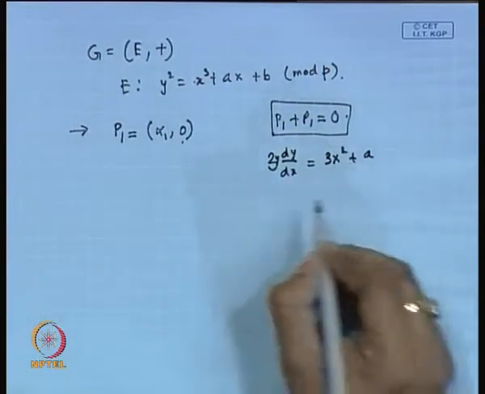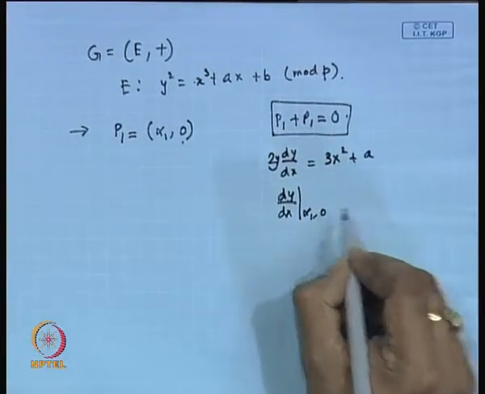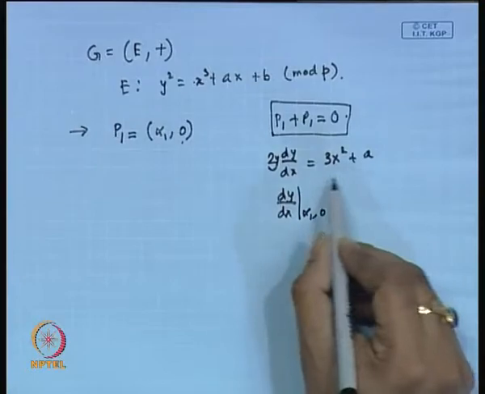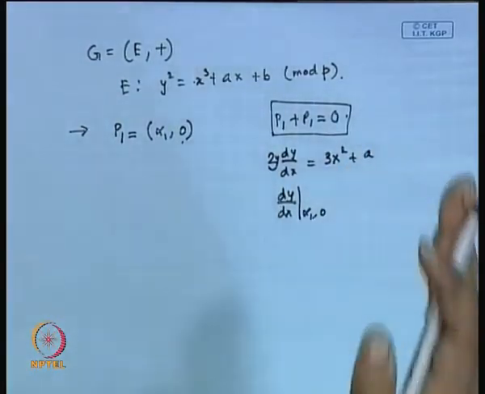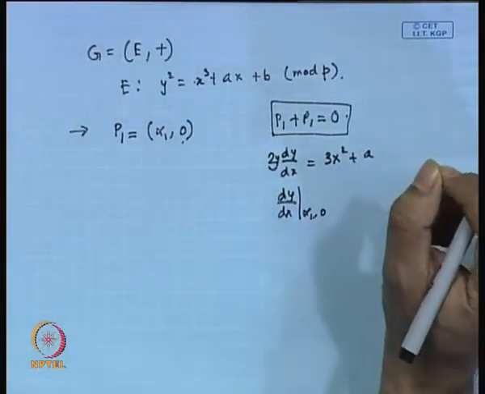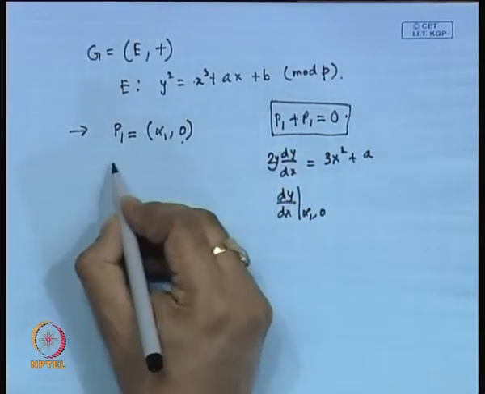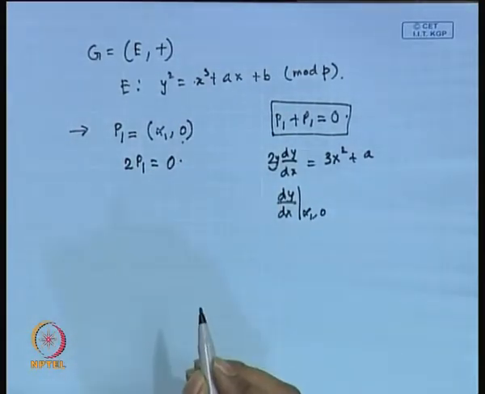Therefore, dy/dx at the point alpha 1 comma 0 is not defined, because you are dividing by 2y. So, that is a vertical line, and the vertical line will intersect the elliptic curve at the point O. Therefore, 2 times P1 is equal to O. That is why its order is 2.